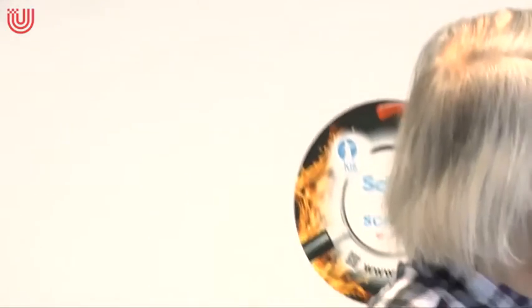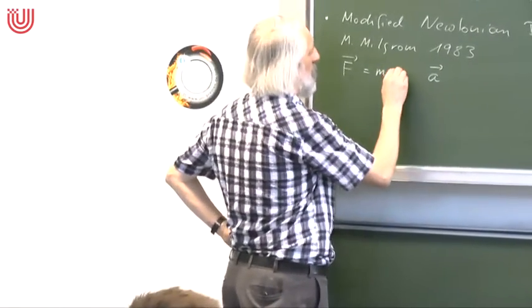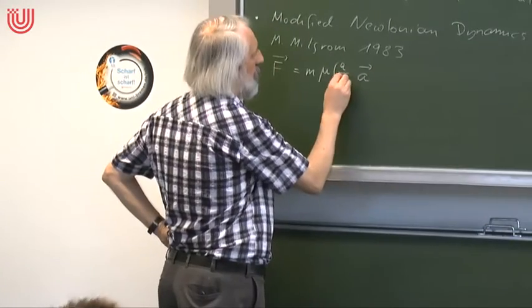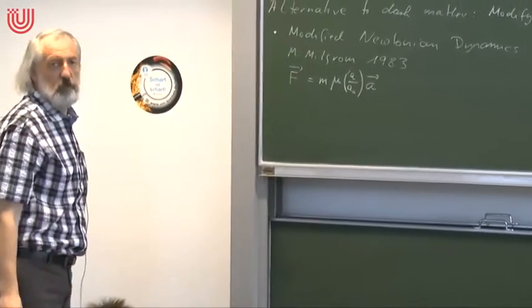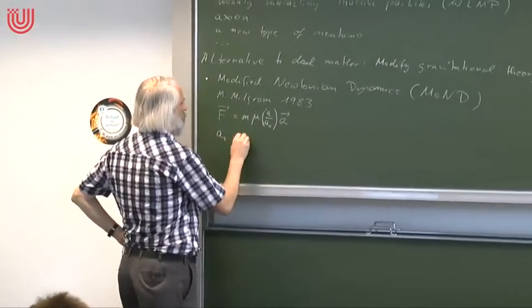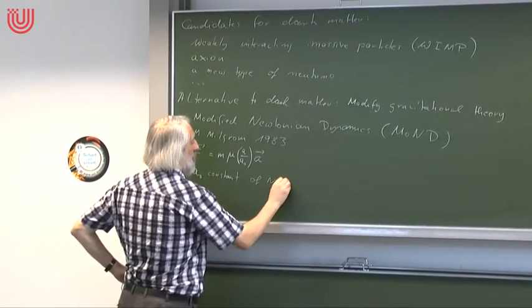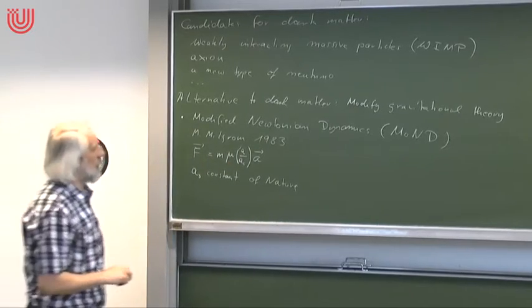Okay, so that's the ordinary Newtonian equation of motion for a particle with mass m, acceleration a, force F. And what Milgrom suggested was that we modify this with a function mu, which depends on the acceleration in relation to a new constant of nature, which has the dimension of an acceleration. a naught is a hypothetical constant of nature, obviously with the dimension of an acceleration, because this argument should be dimensionless.